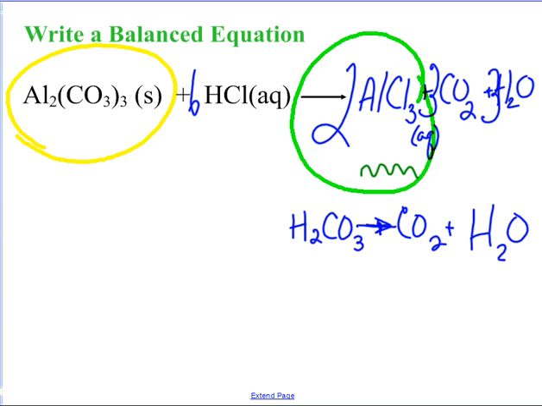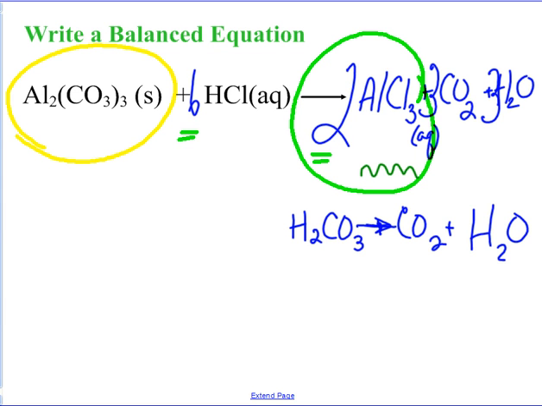Well, we use the coefficients. Remember, the coefficients in the balanced equation are like the proportions of reactants to each other and to the product. So 1 mole of aluminum carbonate reacts with 6 moles of hydrochloric acid to produce 2 moles of aluminum chloride. But since the water and the CO2 left, the coefficients in front of the CO2 and water aren't so important to us. Our attention is focused on the mole ratio between aluminum carbonate and aluminum chloride. It is a 1:2 ratio.